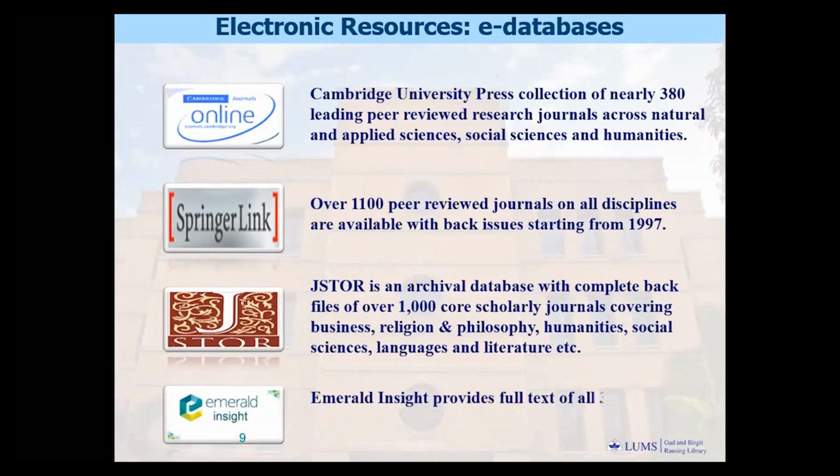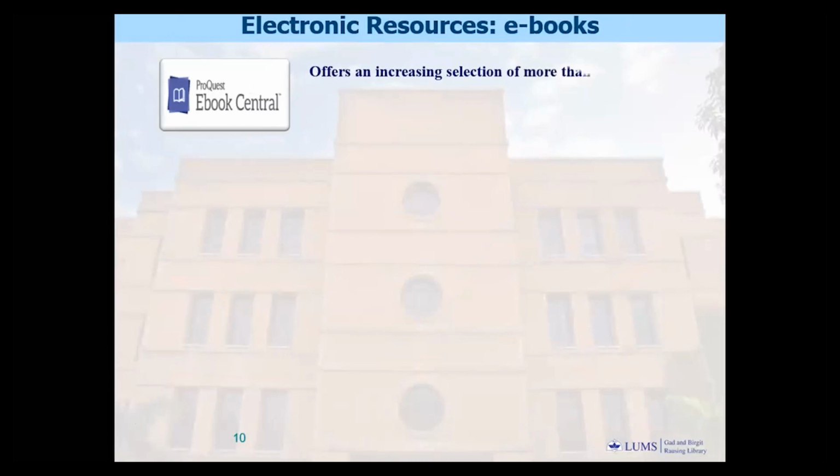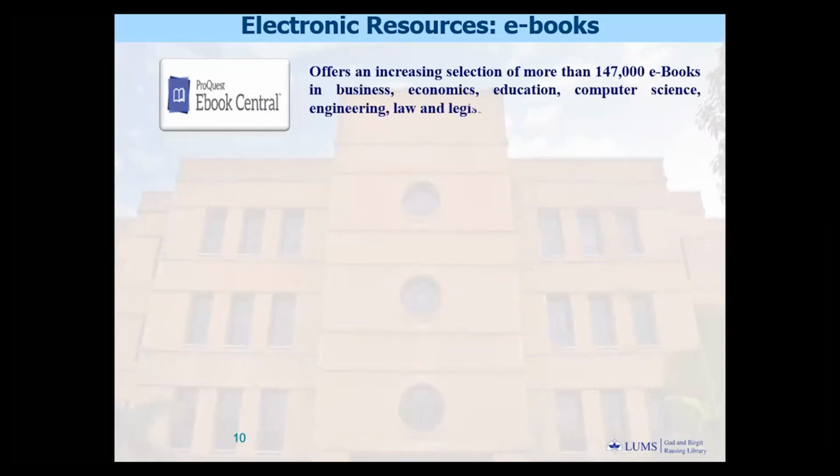And most of our students will be familiar with Emerald Insight, which provides access to 300 online research journals and their back files from 1990 onwards. We also have access to ebooks, and through the ProQuest eBook Center, more than 140,000 ebooks can be accessed.